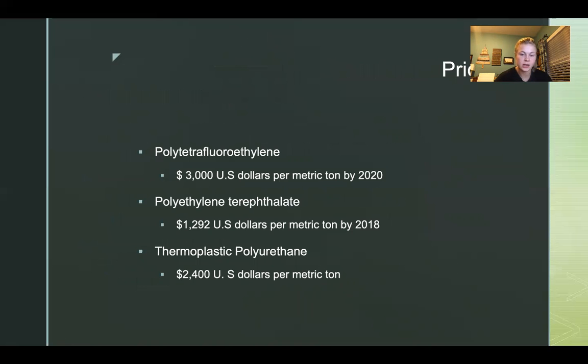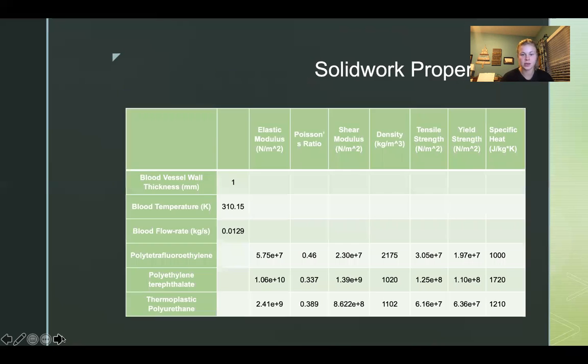Polyethylene terephthalate is about $1,292 per ton. I apologize. And thermoplastic is about $2,400 per metric ton. That will be discussed towards the end, the economic reasoning.